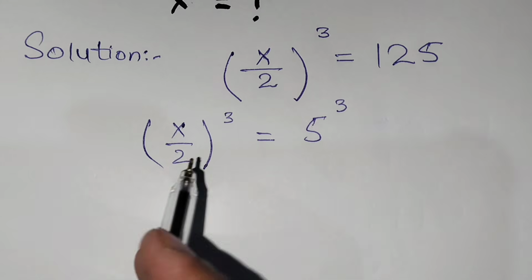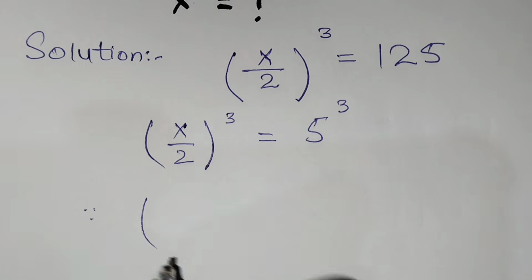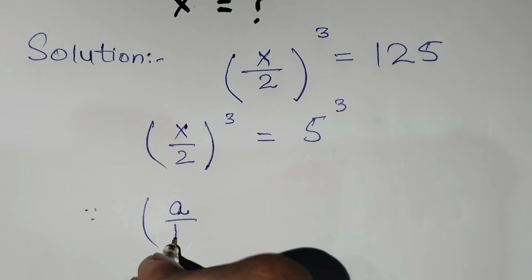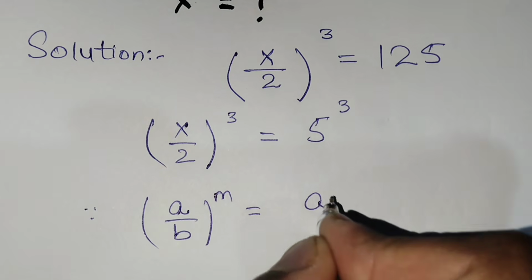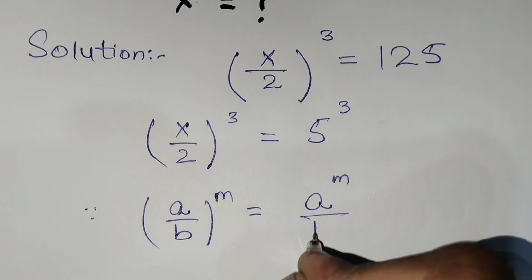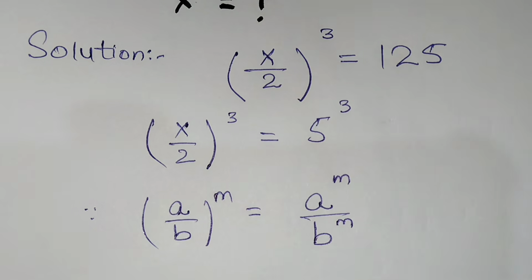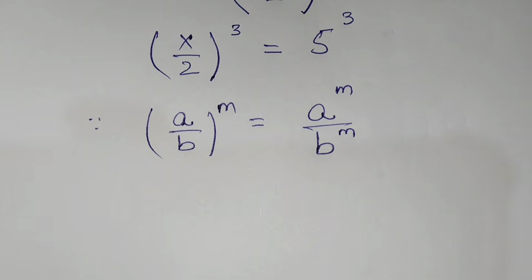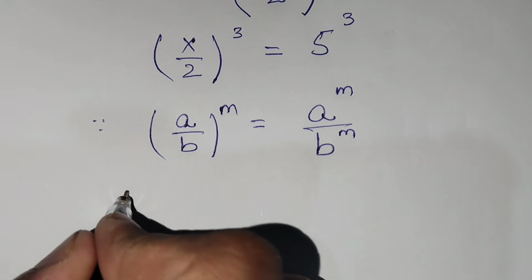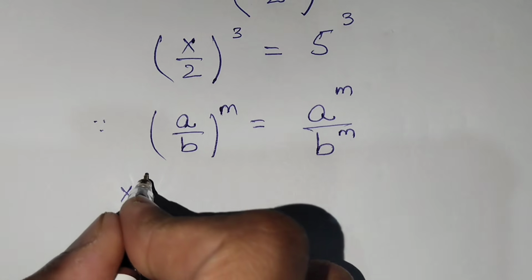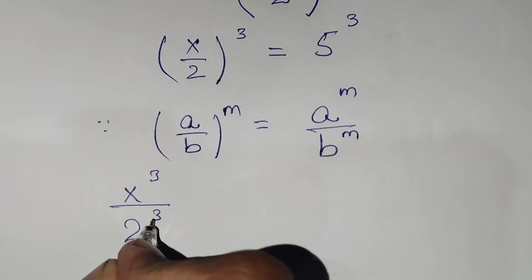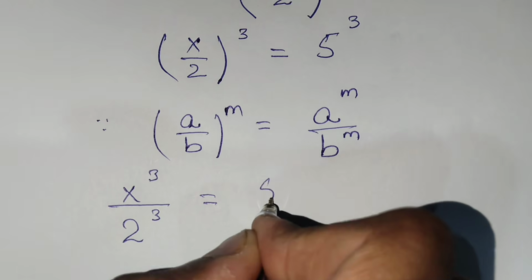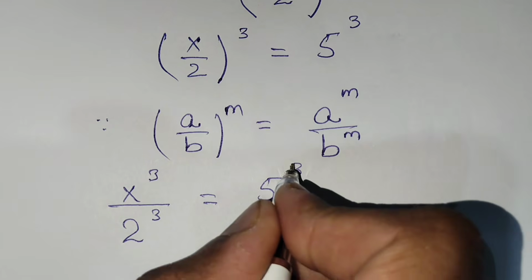Now we know that (a/b) raised to the power m is equal to a^m over b^m. So our equation becomes x^3 over 2^3 is equal to 5^3.